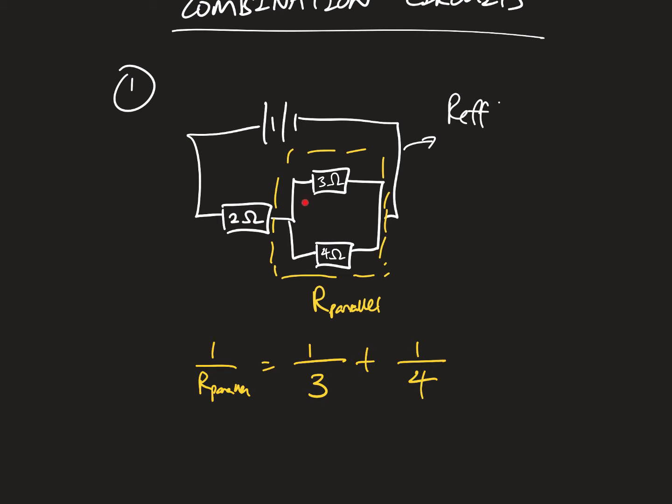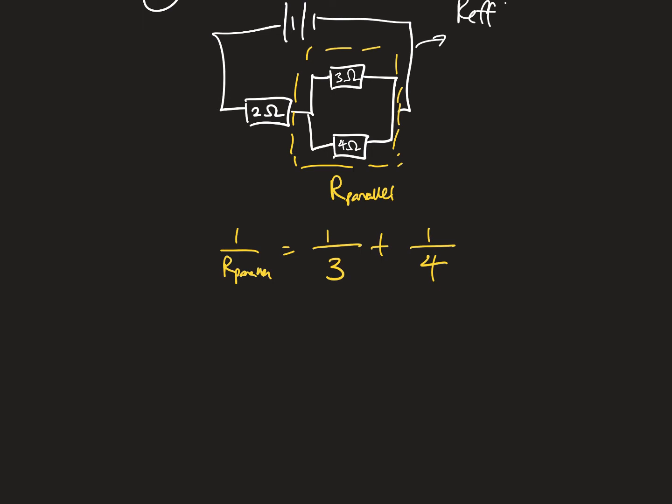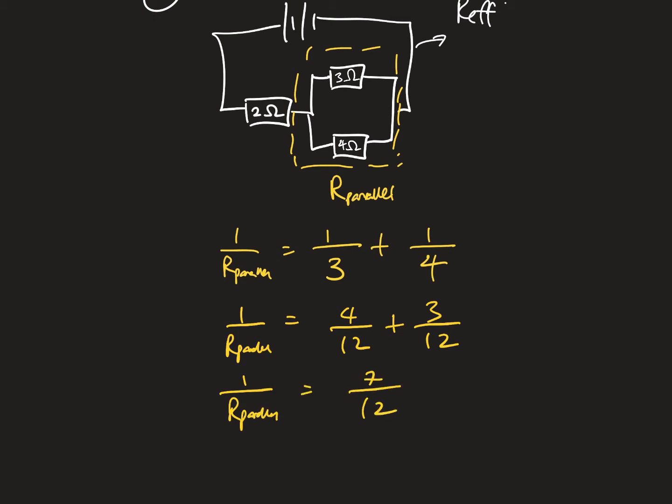Right, so these two, 3, and this one, 4. And then the rest is algebra. So let's go ahead and do that. We get 1 over R parallel equals to 4 over 12 plus 3 over 12. And so 1 over R parallel gives me 7 over 12.